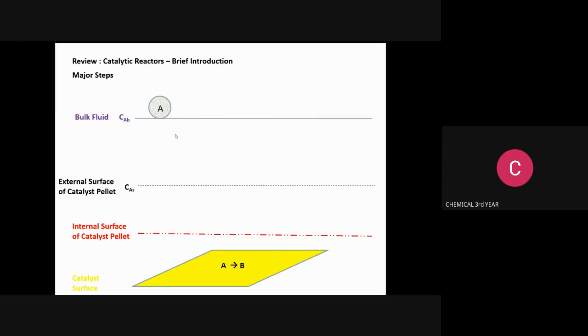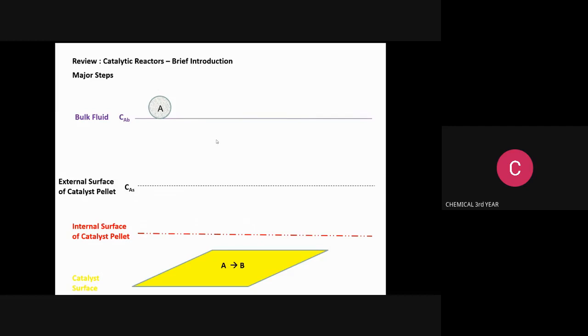In the slide, you can see a reactant at the top of the slide. Okay. So this is how the reaction happens in the reactor.